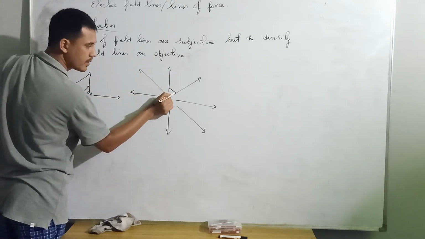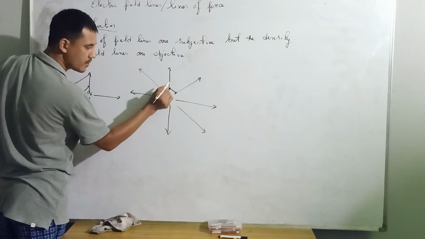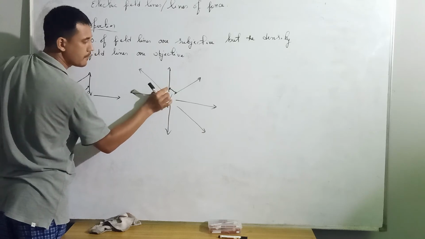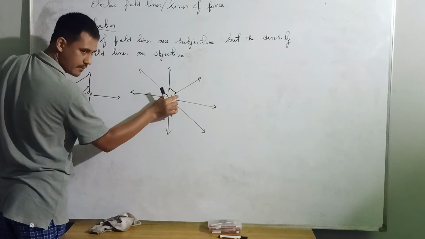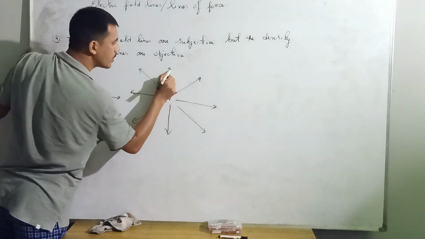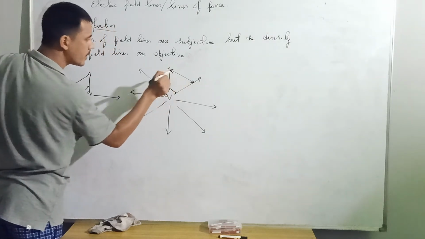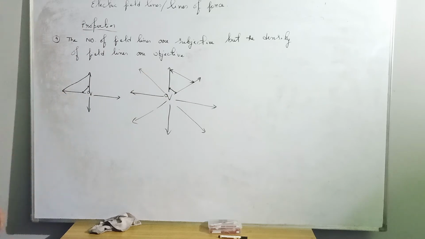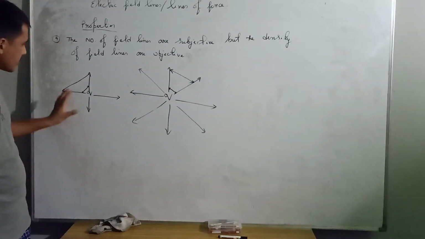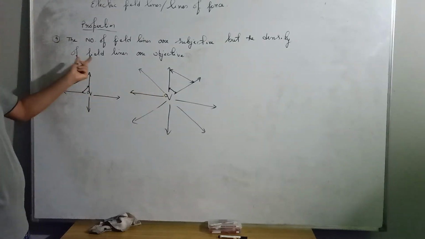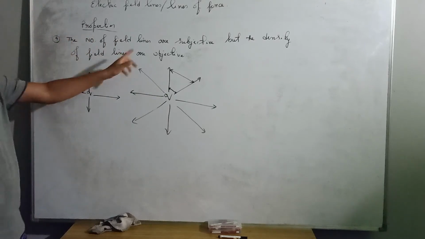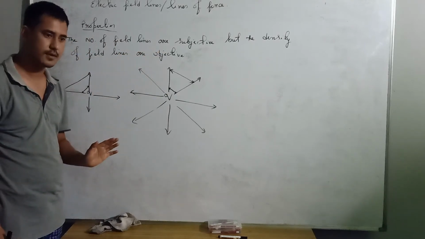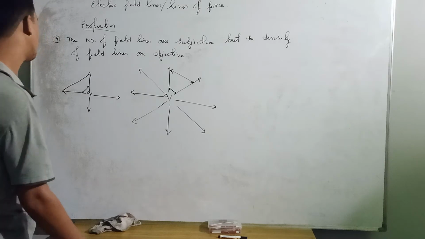At this position, closer to the charge, the field lines are closer to each other. But as you move away, in both the cases, the density of the lines decreases. Is it true in both the cases? So the density of field lines is objective. Is it okay?